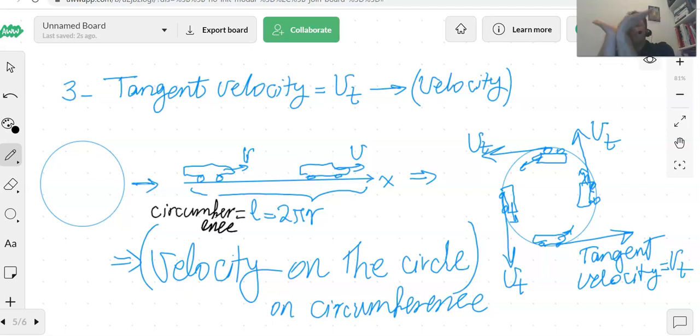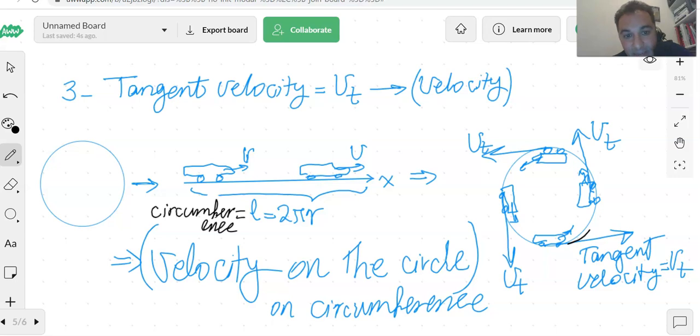Now you make this line a circle. So what is happening? Your car will go on the circle, correct? The velocity that the car goes on the circle with, that speed, is called Vt.